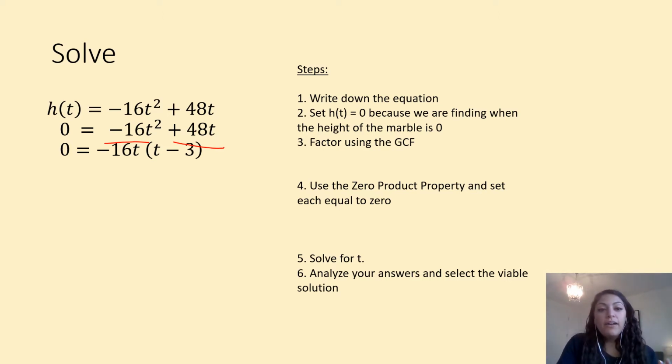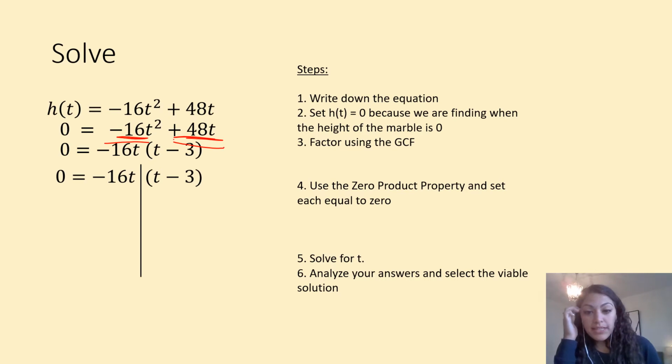We're going to divide it out. When we divide the first term by negative 16t, we will be left with t. When we divide 48t by negative 16t, we will get negative 3. That's factoring using the greatest common factor. We just divided what they both had in common and moved it to the front and simplified.